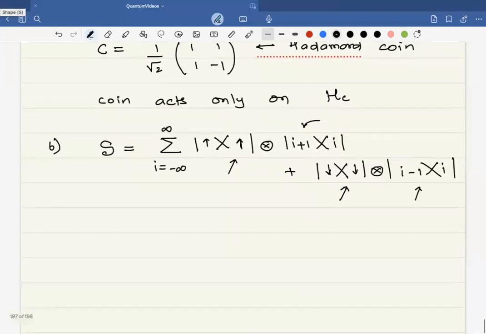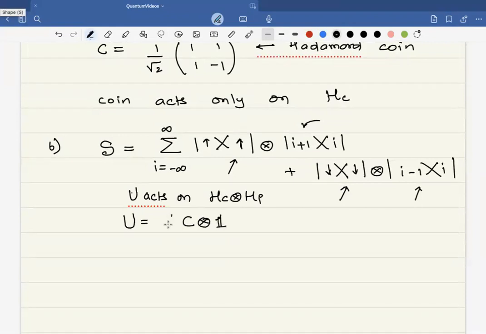And the combined unitary U that gets applied acts on H_C tensor H_P, and it is C tensor identity followed by the shift operator.